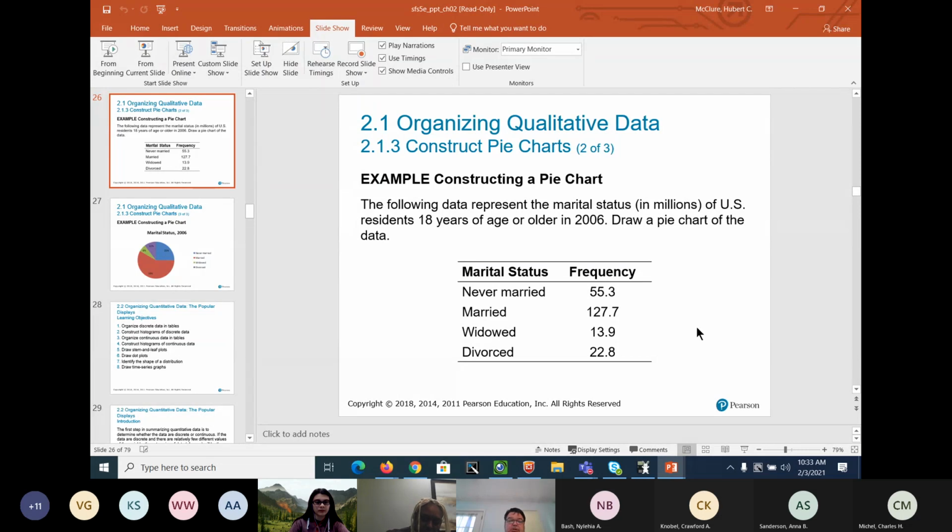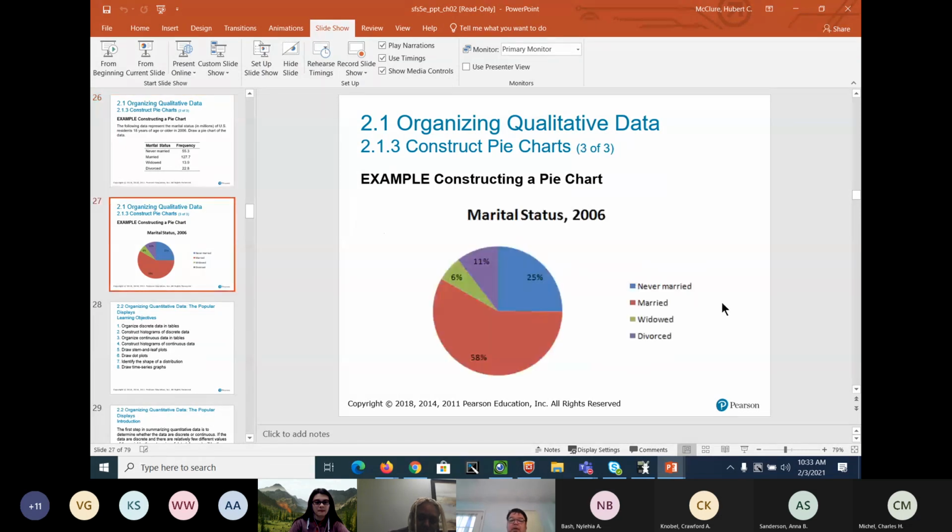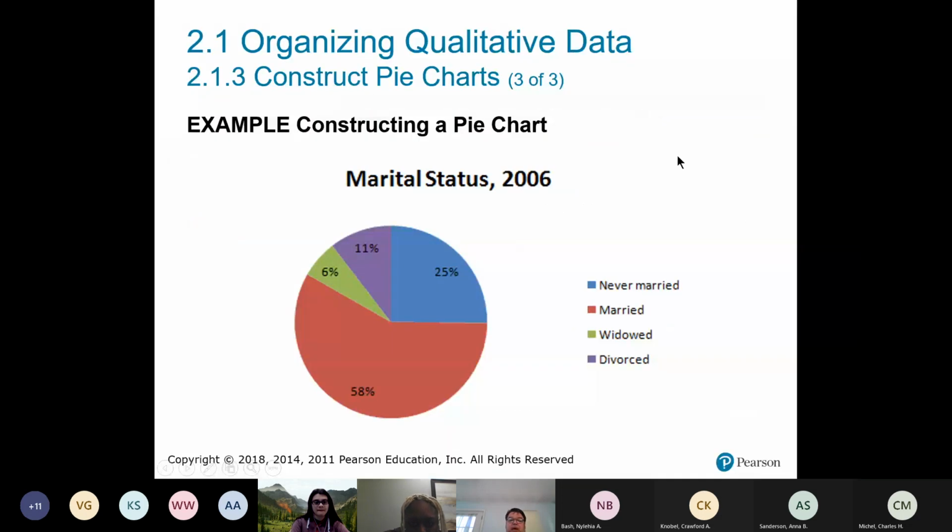And that's what they did to get that. There is your pie chart. And you would have to check, you'd add them up. Let's see, 58 plus 6 is 64. 75 and 25 is 100. And that's the first thing you would do on a pie chart: check your percentages.